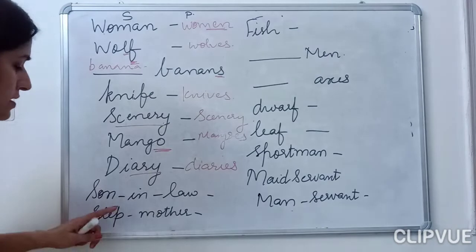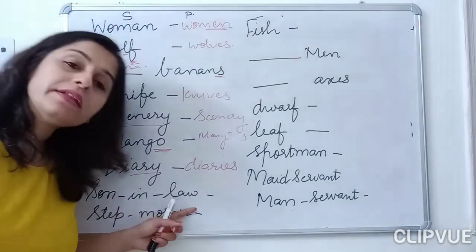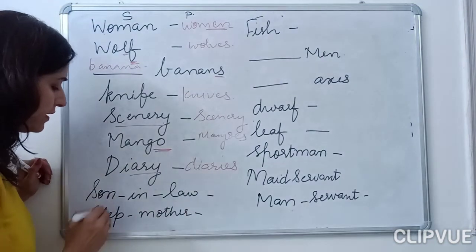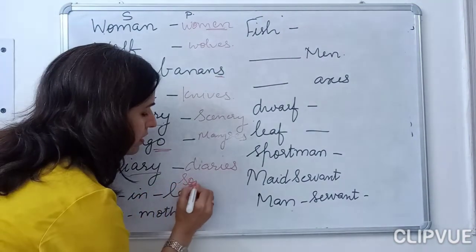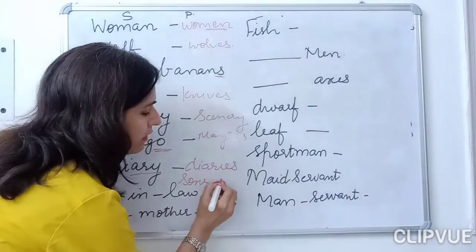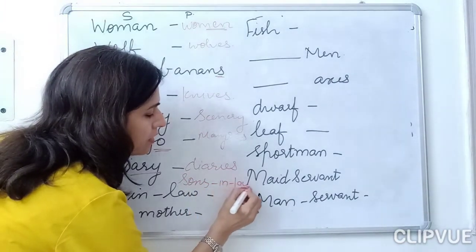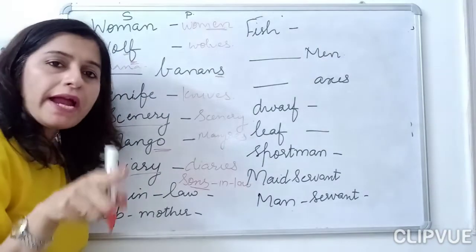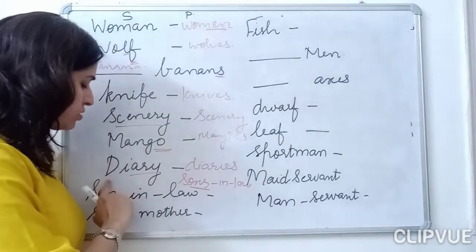Now here, children, see, son-in-law. These are compound words, children. How will we write it here? It will be sons-in-law. My noun becomes plural; adjectives are never plural. Nouns are plural.